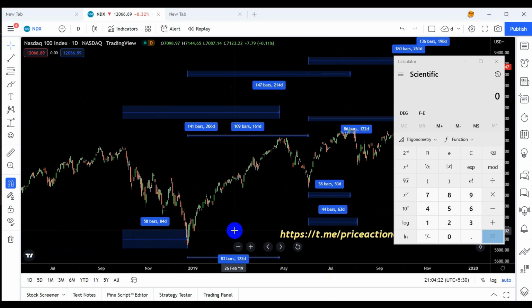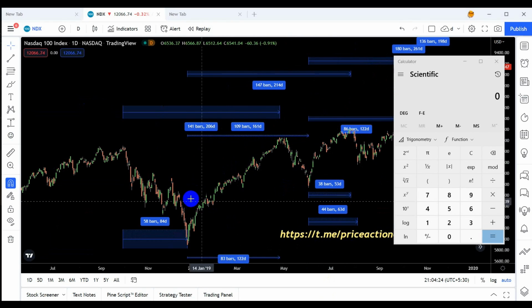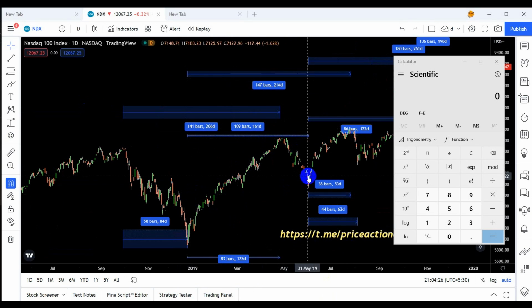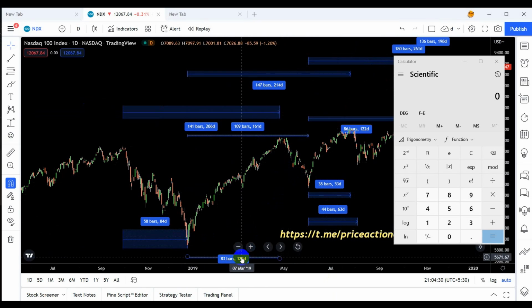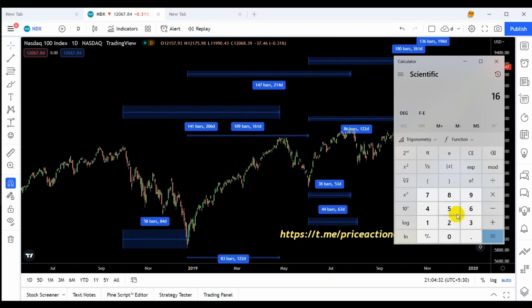So here we are going to take 161 days from this low to this low. From this low to this high is 122 days. So 161 divided by 122, and we are again going to multiply that by 161. So we're going to get 212 or 213 days.